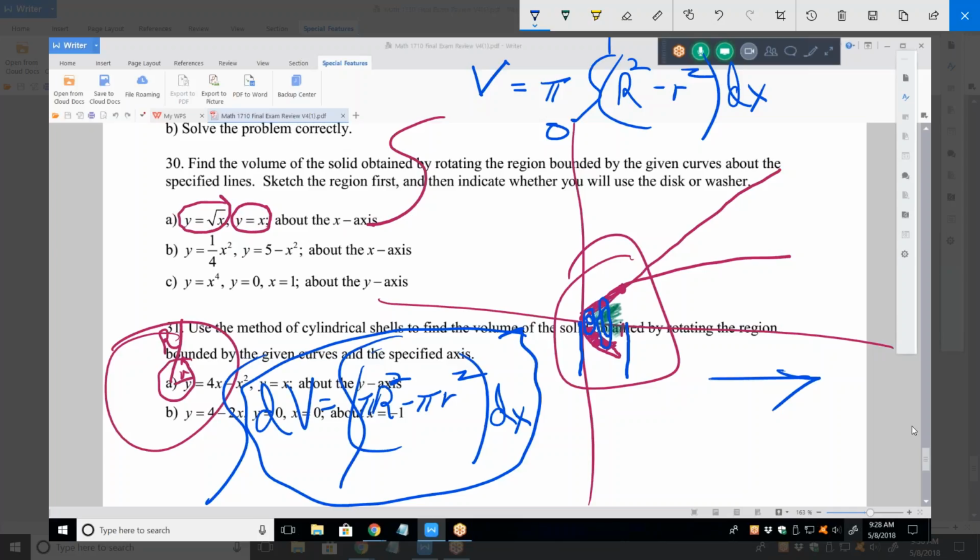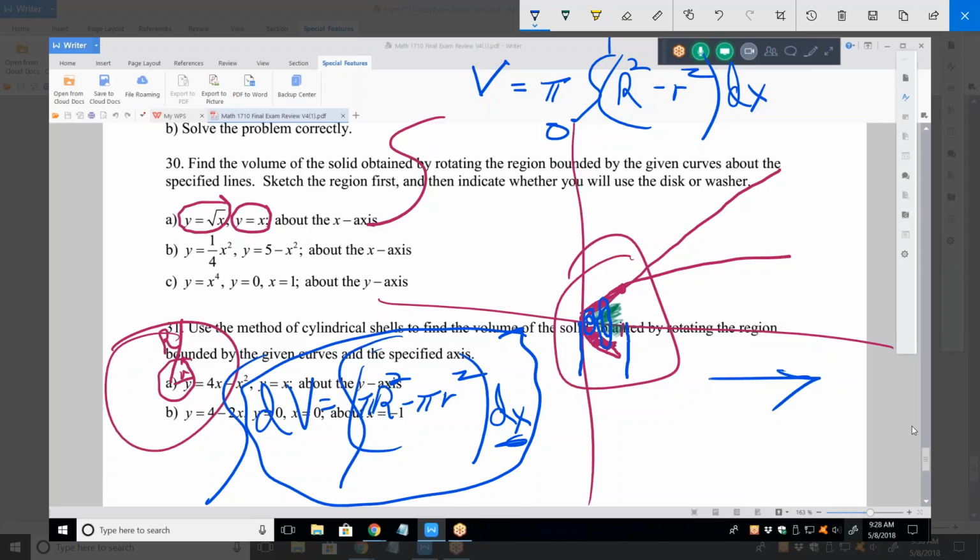The more rectangles you put in there, the more accurate you get. Same thing with volumes. And that's why dx is the skinny side of the washer. It's the one that's going towards 0, giving me literally an infinite number of washers in there, in which case I will have the exact answer.